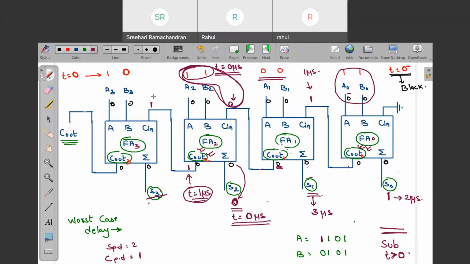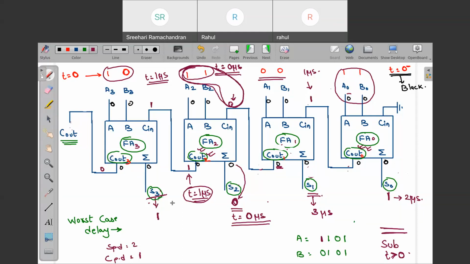So at 1 microsecond, this FA3 has all the inputs present, because this red color input was present at 0 microsecond, and this carry is generated at 1 microsecond. So S3 generated over here will be 1. And Cout over here is still 0. Previously also it was 0. Now also it is 0.